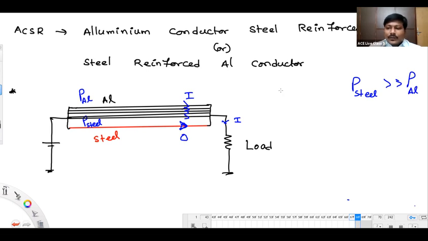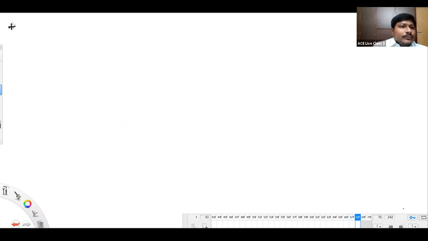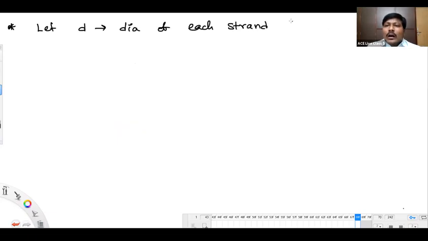Let's say small d is the diameter of each and every strand in the stranded conductor. Diameter of each strand. All strands are identical in shape and identical in size.